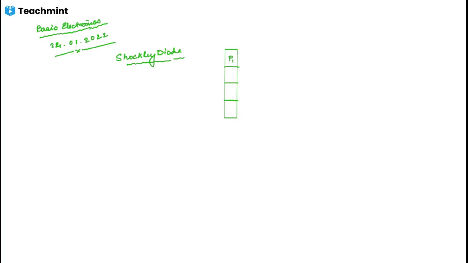This was P1, this was N1. So this is P2, this is N2. So this is the anode and this is the cathode.